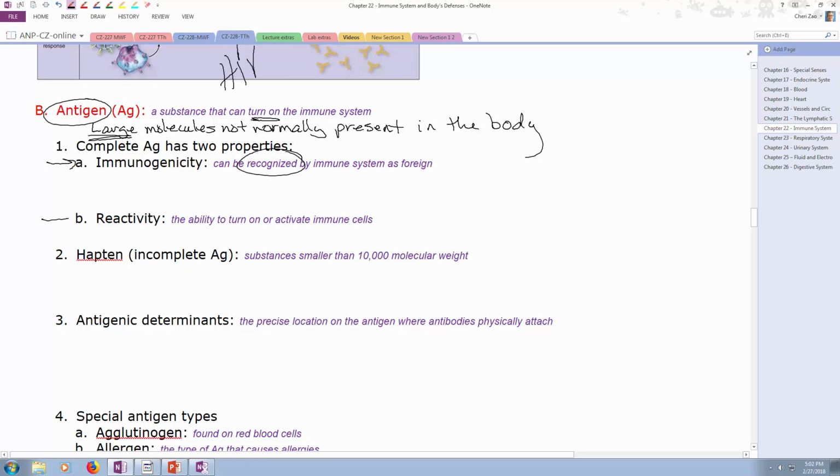And we can react, which means we can turn on or activate the immune system cells. Some molecules of foreign material have some surface markers that look like our own cells, and that's one of the things with our HIV-infected cells, and some of our neurons look very similar.